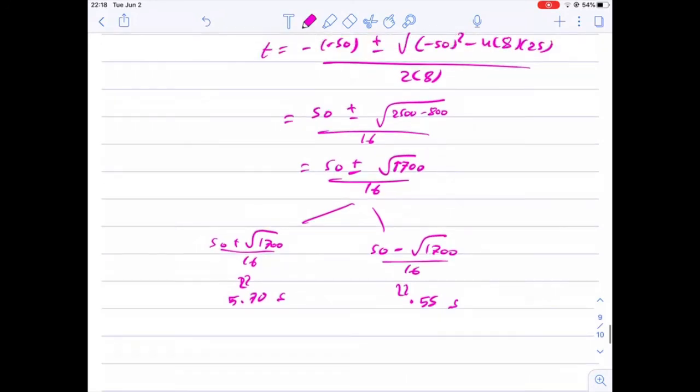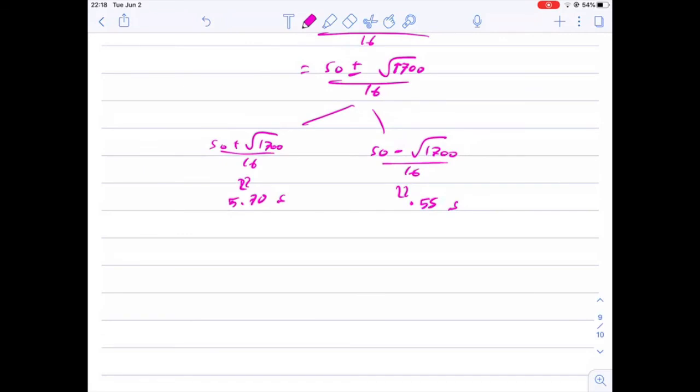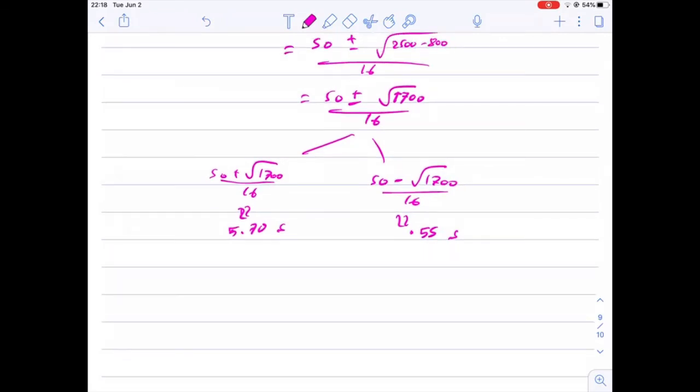Now, after how many seconds will it be 50 above the ground? It will be 50 above the ground twice, because when we project this, it will return to the earth.